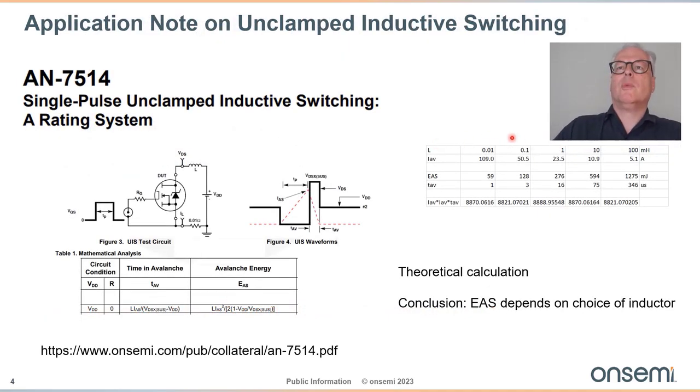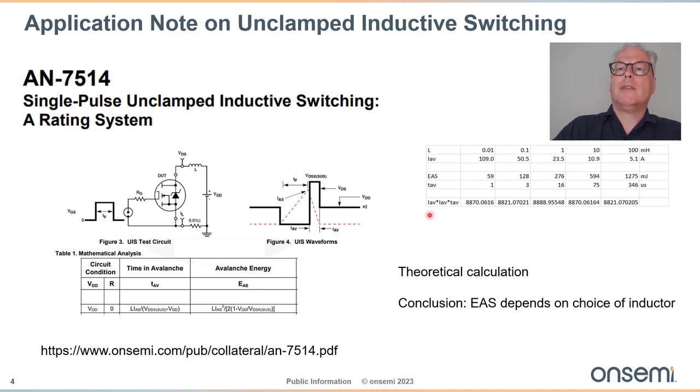We take the data we just saw and put it in the formulas in application note 7514. We can calculate the EAS, which comes out more or less the same as what we just saw, and the TAV, the time in avalanche. This time in avalanche is a critical parameter.